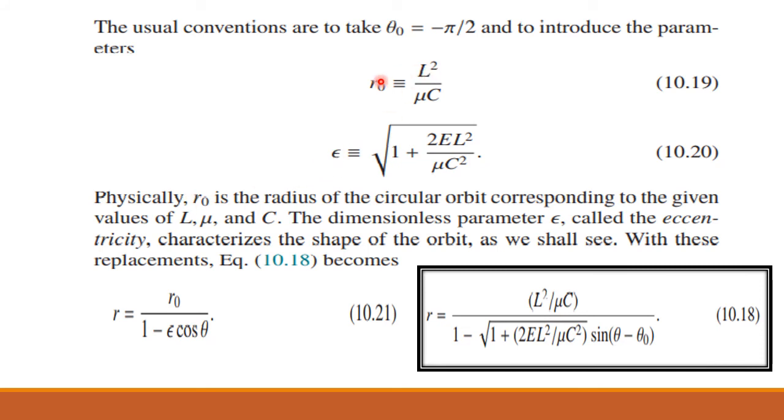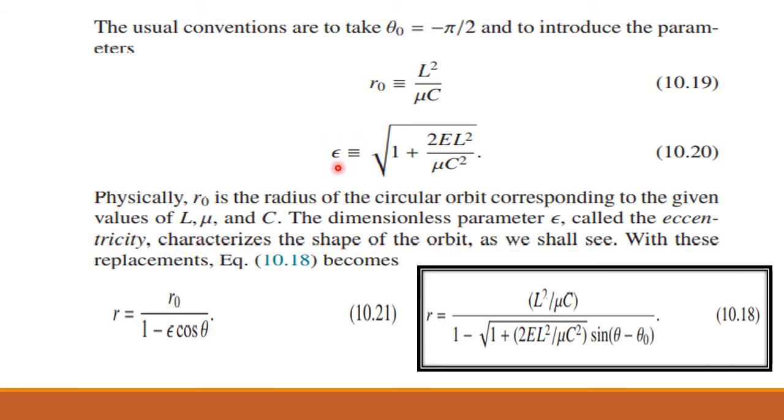Here r0 is the radius of the circular orbit corresponding to the given values of L, mu and C. And epsilon is a dimensionless parameter called the eccentricity, which you might have studied in your maths classes, which characterizes the shape of the orbit.